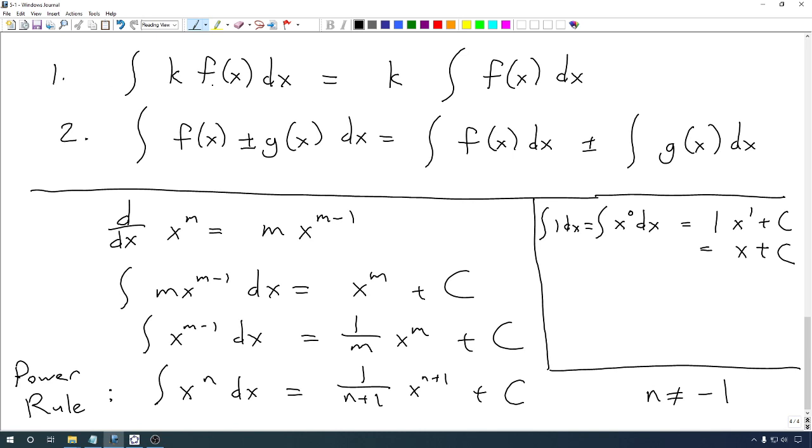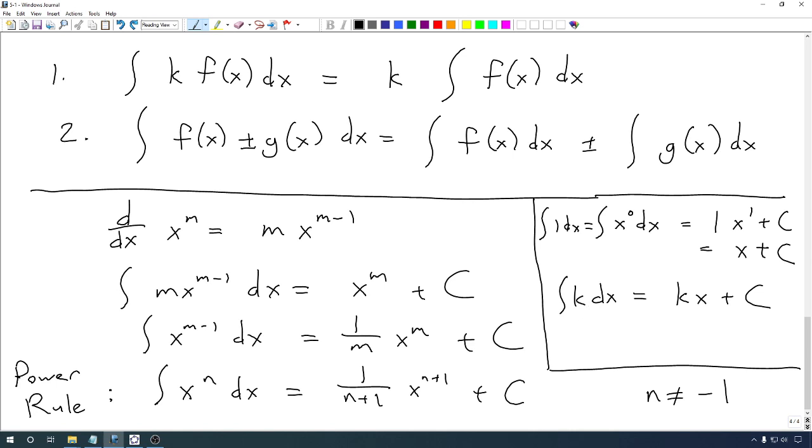If we use our first property here and try to multiply that 1 by any constant k, we just end up getting k times the x that we have. So the integral of a constant is a linear term. We're writing this as an extra rule just because a lot of people don't like to think of constants as 0th powers, but they are.